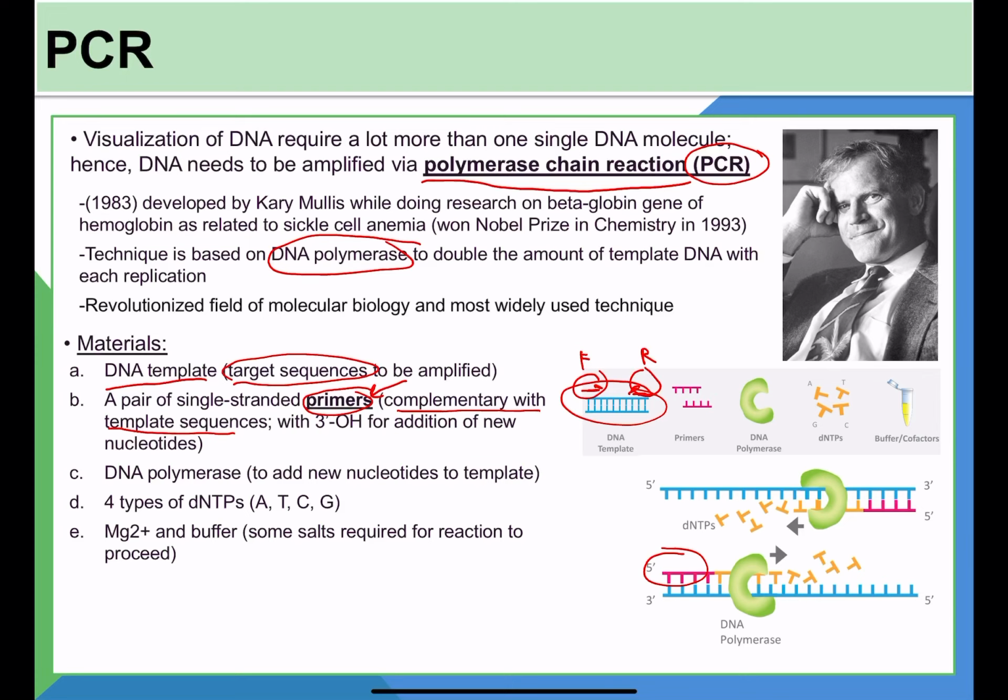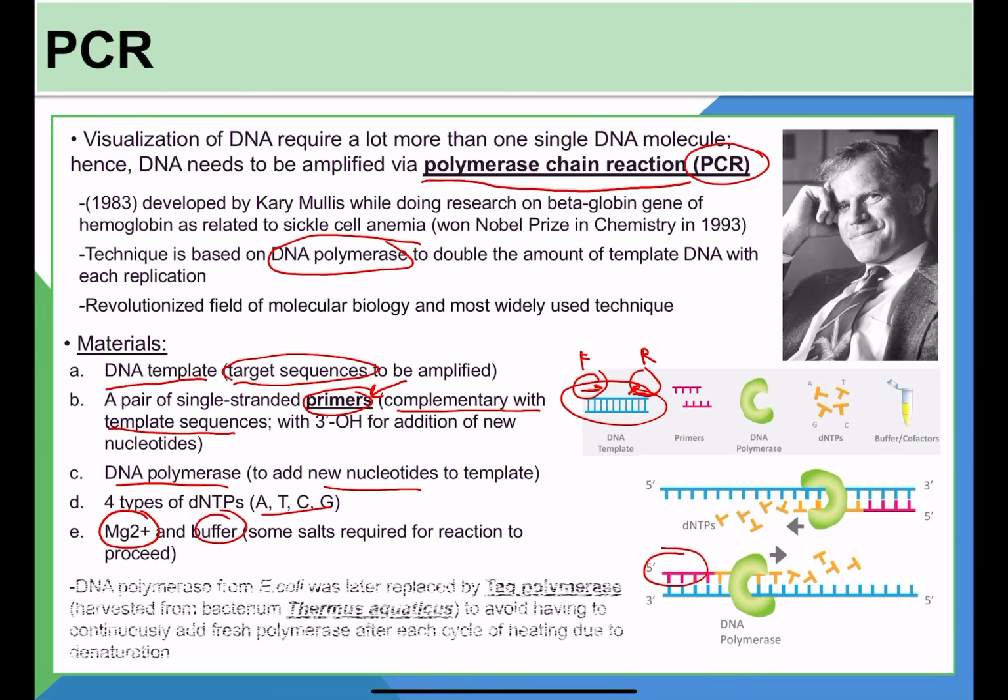So that's what the reverse primer will do for us. Of course, we can't forget our DNA polymerase enzyme, which is adding those nucleotides to the template. And we have to add your 4 types of dNTPs, which is your adenine, thymine, cytosine, and guanine. And then, of course, you need your buffer, which contains salts required for the reaction to proceed. And also magnesium ions are critical for DNA replication to happen correctly, or for the DNA polymerase to work correctly.